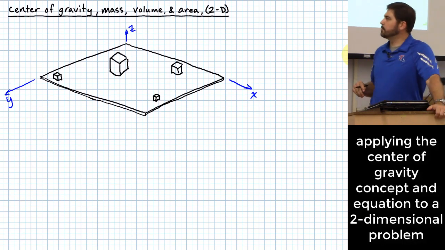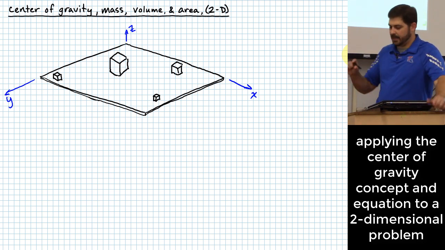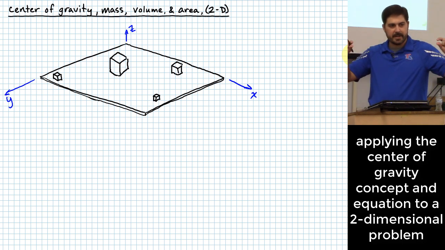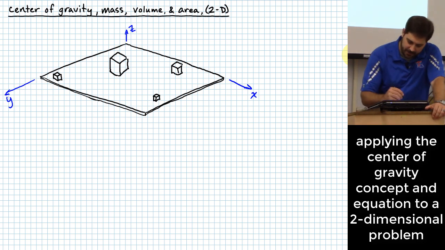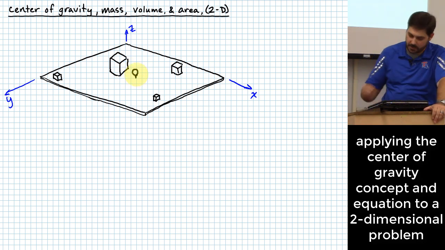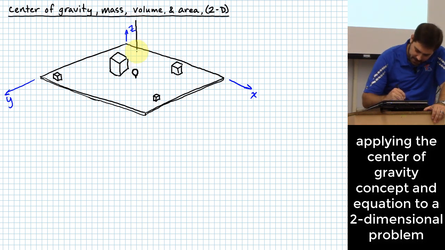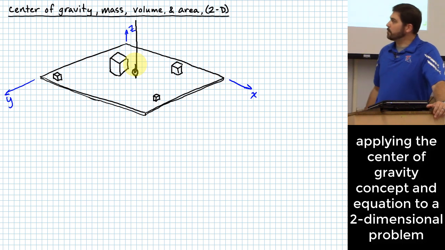What if I have a similar situation where I have some weights that are all now, instead of sitting on a massless little beam, set on this massless plate. And my goal this time is to try to figure out where should I screw in maybe an eye hook into this plate, so that if I suspend it from above on a string, it would balance that plate.